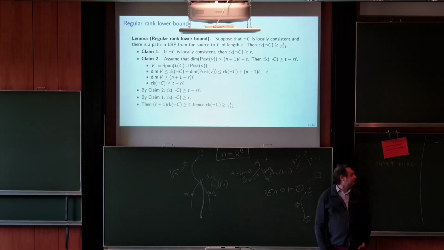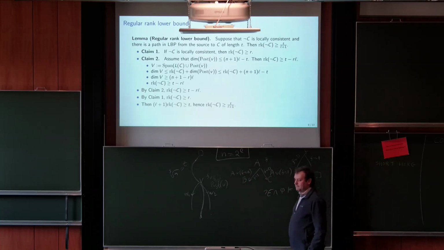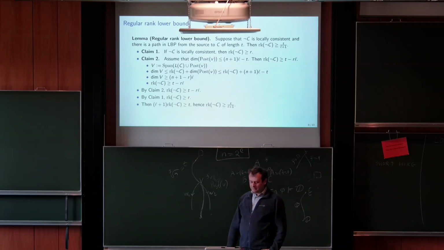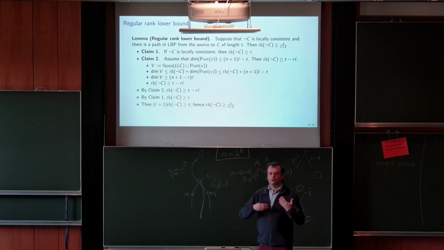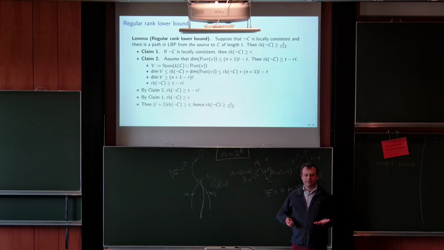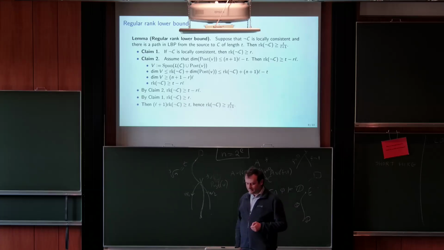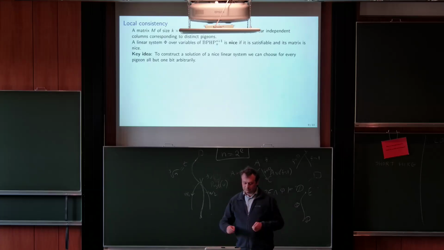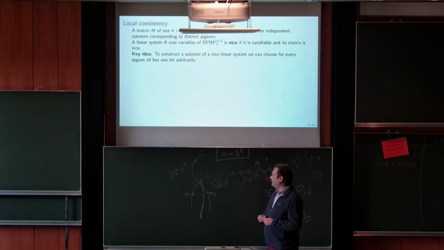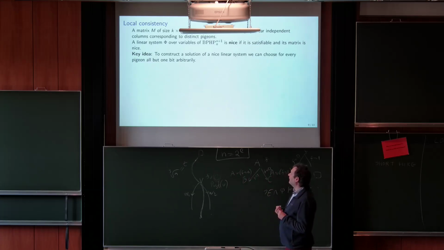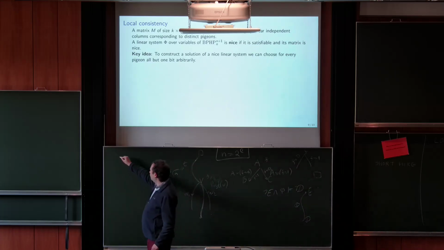Okay, but we should somehow show that the linear system is locally consistent. And how can it be done? The idea is the following. We consider a matrix whose columns are indexed by variables of bit pigeonholes.